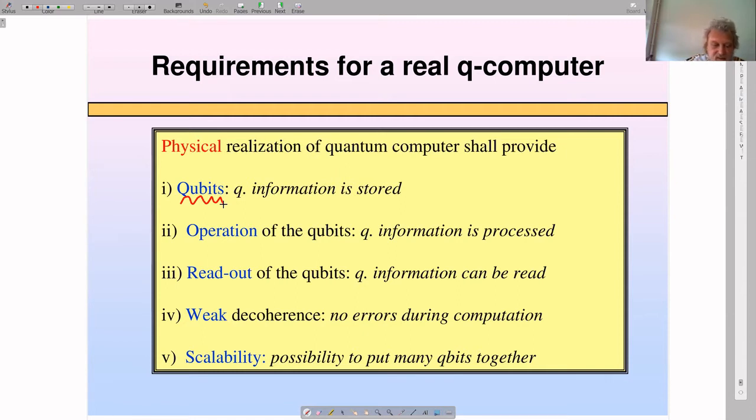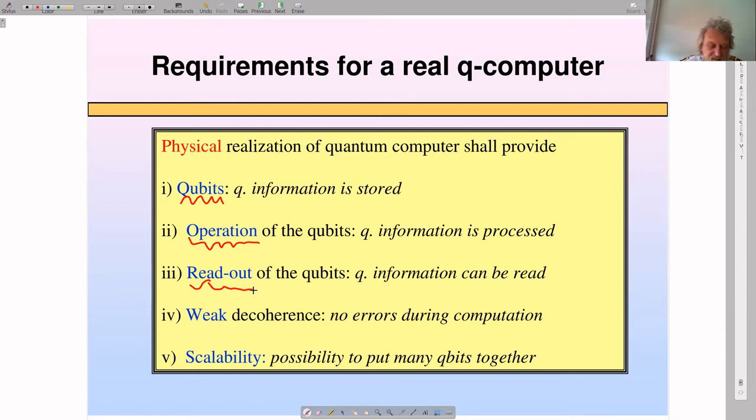Second, one should be able to process this information. So there must be operations which will change the state of these qubits. It also has to be realized physically. Third, obviously, the information can be read. So these 3 points look pretty much straightforward, trivial.